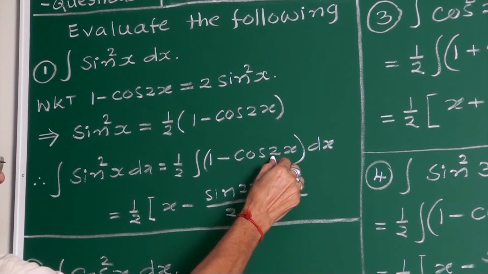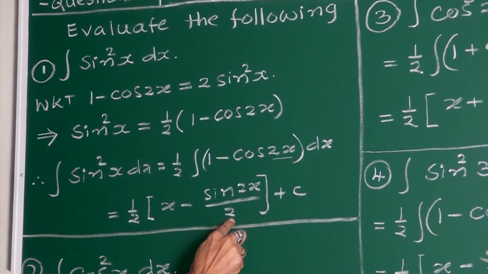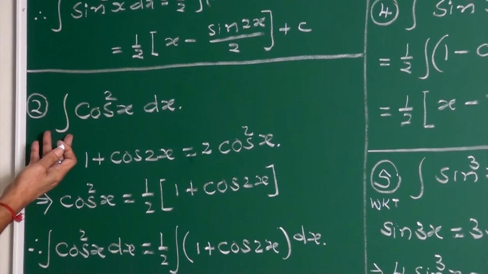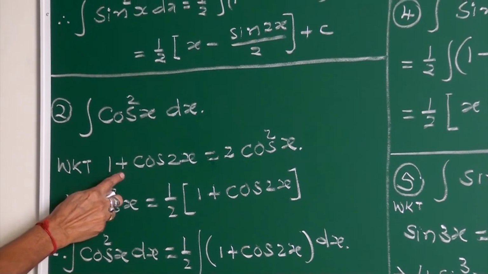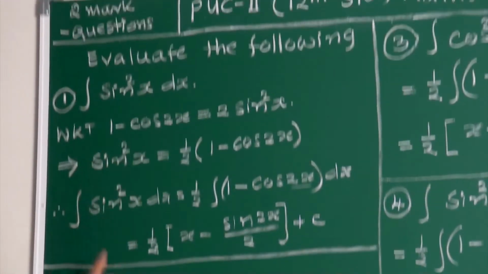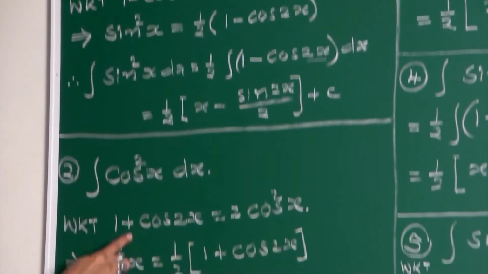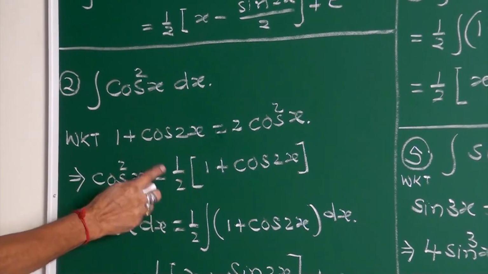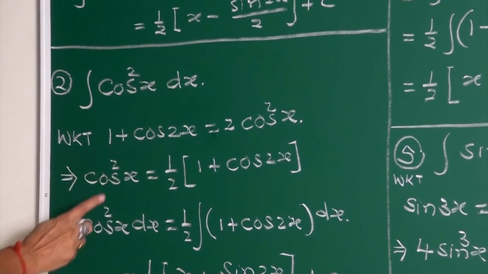Now we can write the integrals of this: 1 by 2 into integral of 1 is x, minus integral of cos is sine 2x upon, what about the angle? The angle is other than x, my friend, so divide by the coefficient, plus c. Similarly for cos square x, you know 1 plus cos 2x is 2 cos square x. So cos square x is 1 by 2 into 1 plus cos 2x.